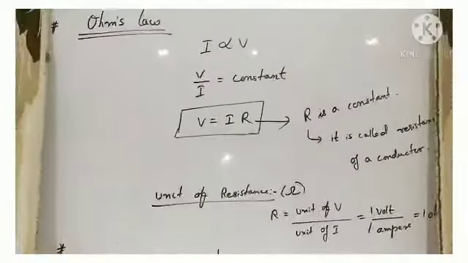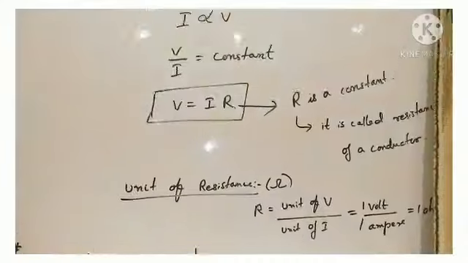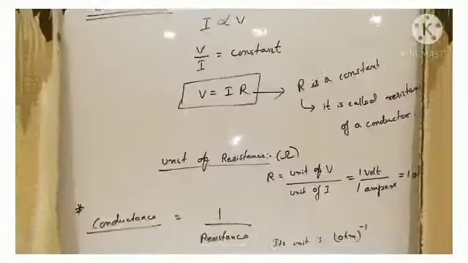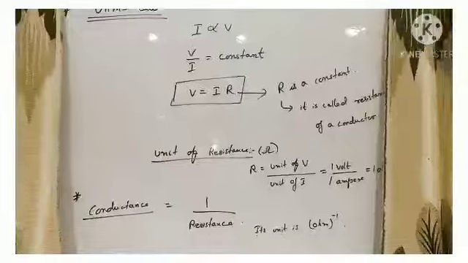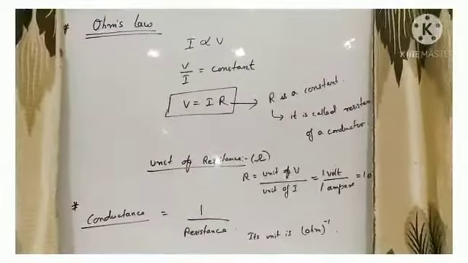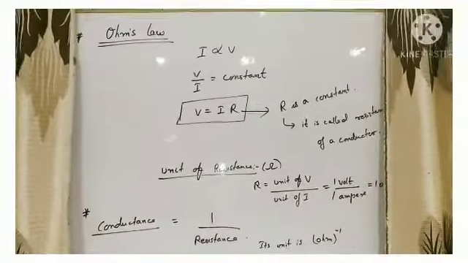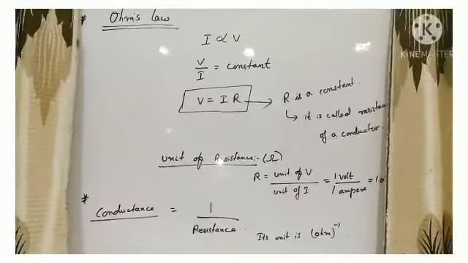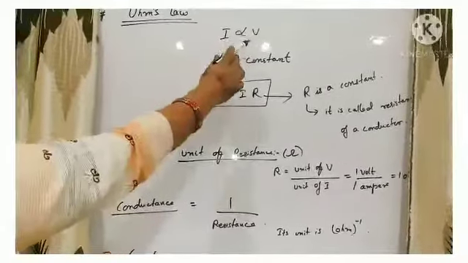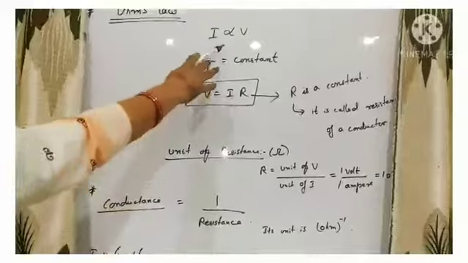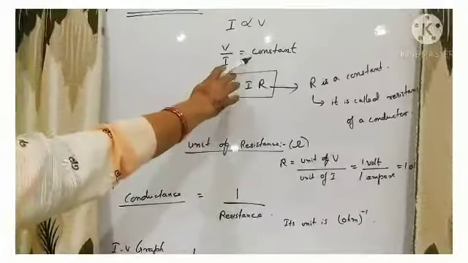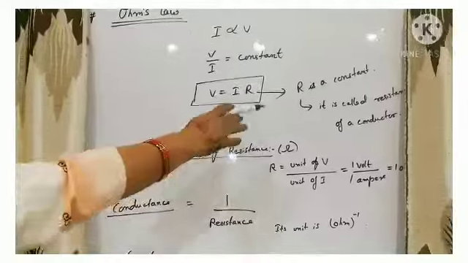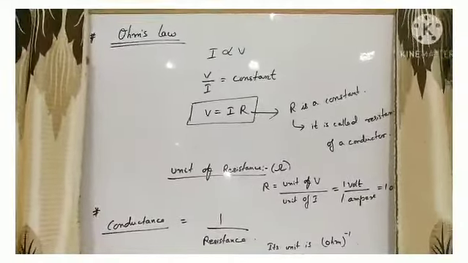According to his statement, the current flowing in a conductor is directly proportional to the potential difference applied across its ends, provided that the physical conditions and the temperature of the conductor remain constant. So I is directly proportional to V. When we remove the proportionality sign, there is a constant, denoted as capital R, which is called the resistance of the conductor.